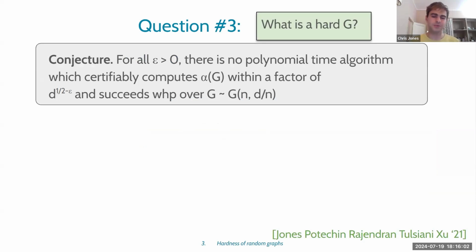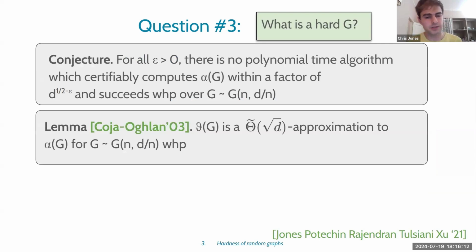Let's look at the evidence we have for this hardness. Many natural algorithms get stuck at this factor of square root d. And it was proven that the Lovasz theta function also gets stuck at this threshold. So the Lovasz theta function is a square root d approximation, but no better. It does not give any better factor of approximation. Here, the lower bound is the interesting direction.